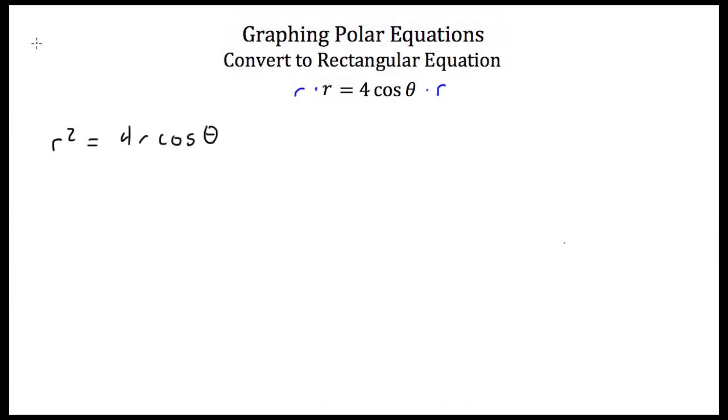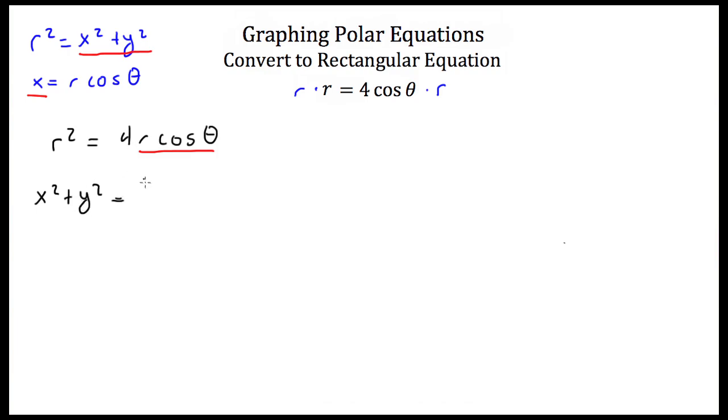Now I need to remember that r squared is equal to x squared plus y squared, and that x is equal to r cosine theta. If I substitute r squared for x squared plus y squared, and I substitute this r cosine theta for x, we'll end up with x squared plus y squared is equal to 4 times x.